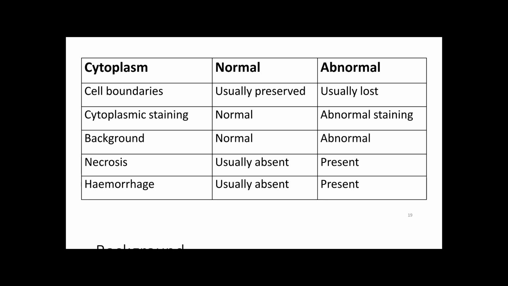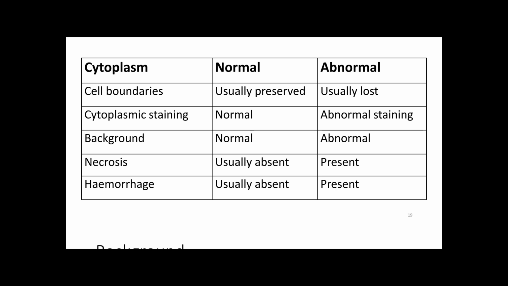But in abnormal cells, it is lost. The cytoplasmic stain is normal in normal cells, but abnormal in abnormal cells. When we consider the background, it is normal in normal cells, but abnormal in abnormal cells, right?